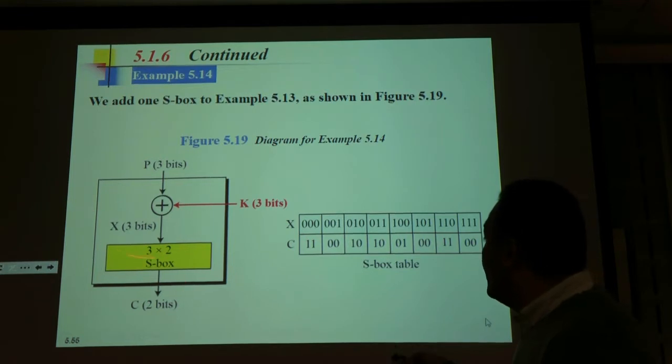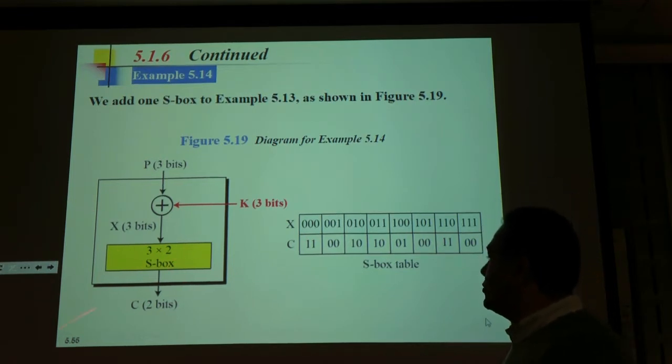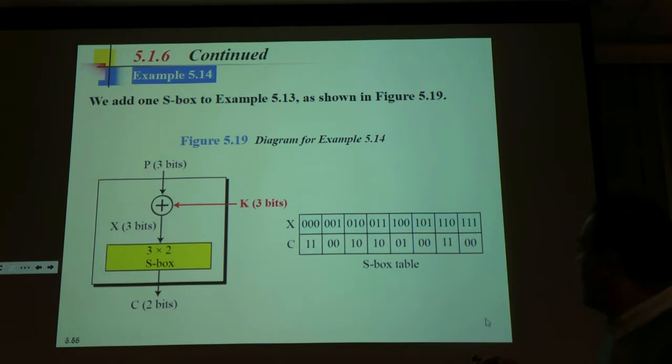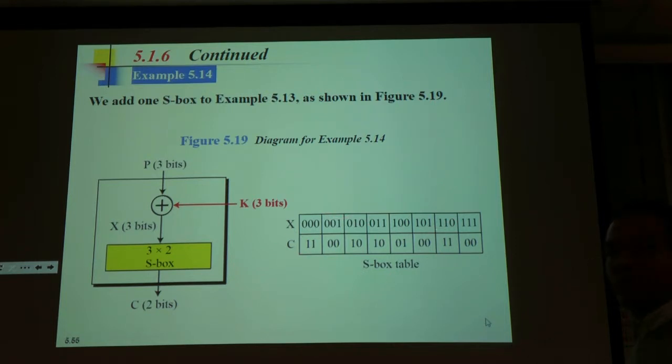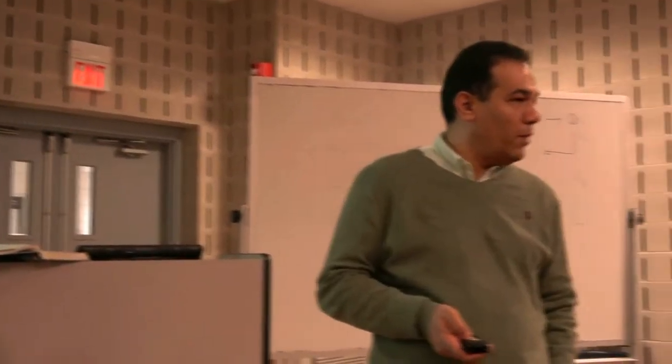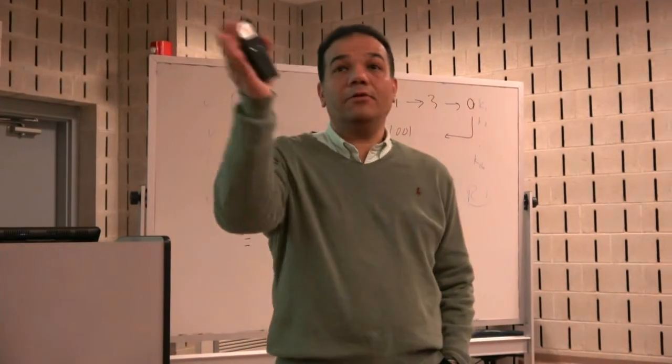We have a shrinking S box, so it's converted from 3 bits to 2 bits, and that's the rule. XORing 3 bits with 3 bits will give you 3 bits, and this is the output. So it converts the 3 bits to 2 bits. A shrink P box, right?